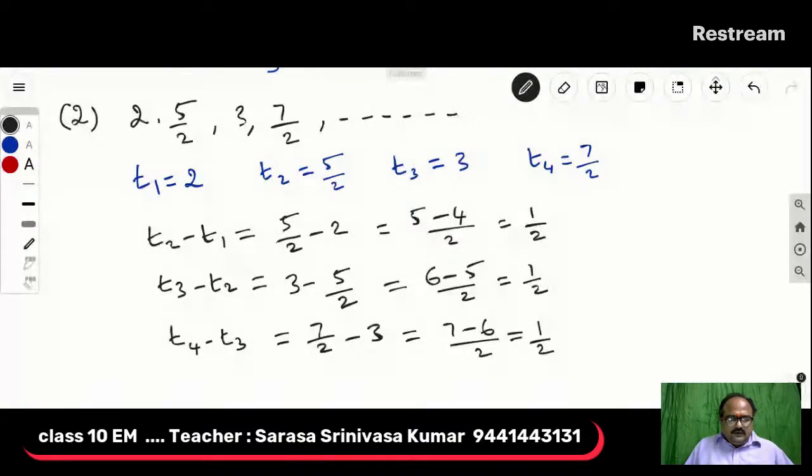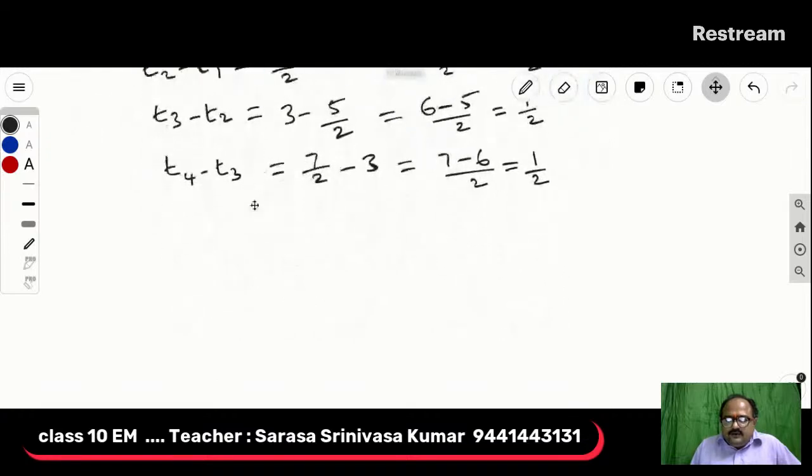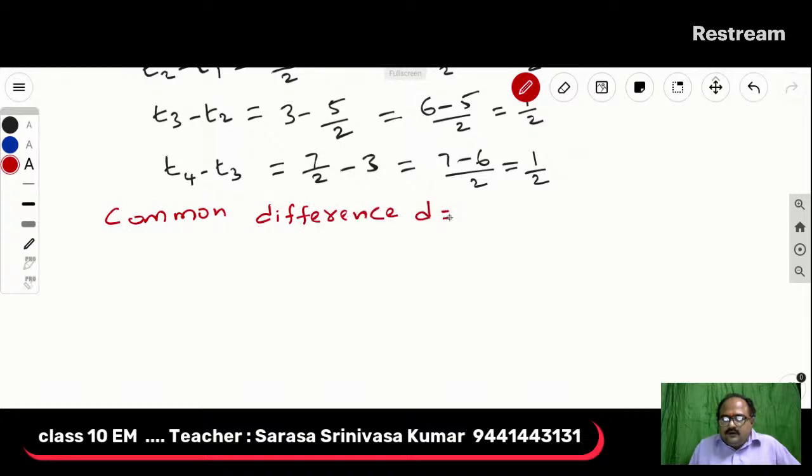So without calculation we can understand this. Here we observe that there is a common difference, 1 by 2. Now we write the step: common difference d equals nth term minus n minus 1th term, equal to 1 by 2.